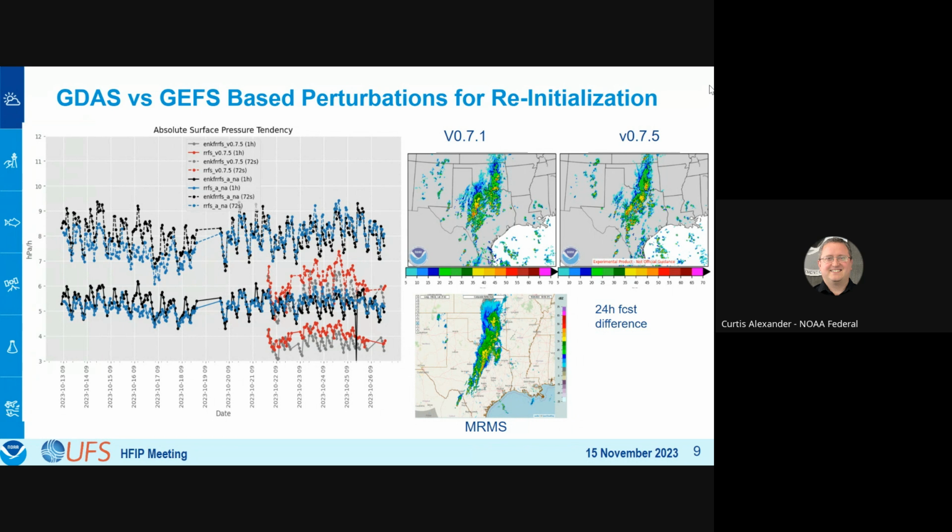The motivation for the GEFS data use was to try to bring more spread into the regional ensemble. But it turns out that in the end, we didn't really see the impacts of that in the standard verification metrics. So the GDAS perturbation structures were certainly giving us better forecasts and less noise when you look at the deterministic measures, sensible weather verification.